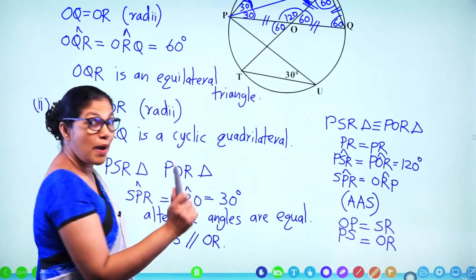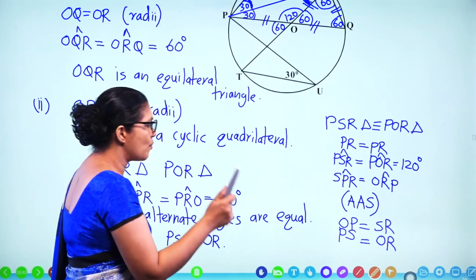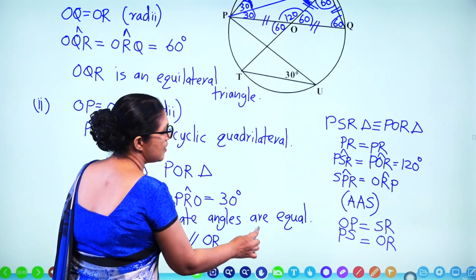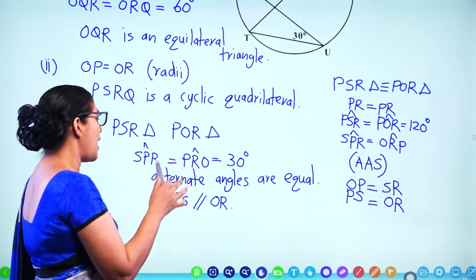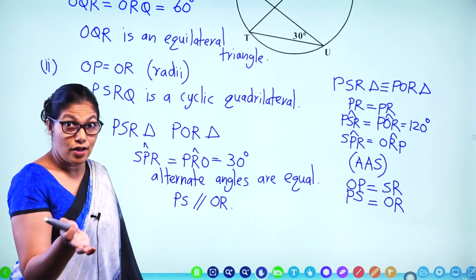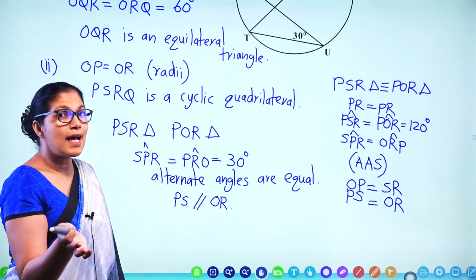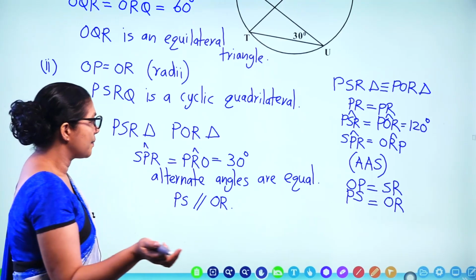Now PS is parallel to OR, PS is equal to OR. You can say all sides are equal, as well as it's a parallelogram. Parallelogram with all sides equal, that's a rhombus.